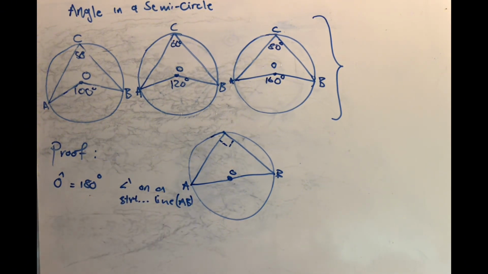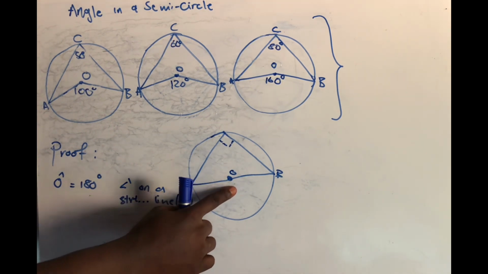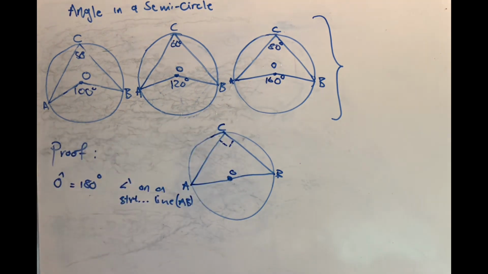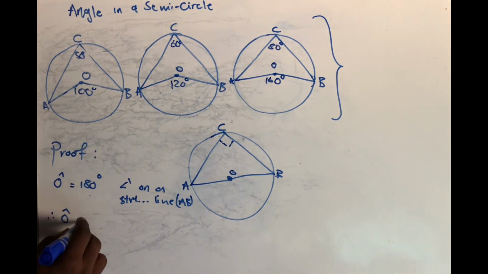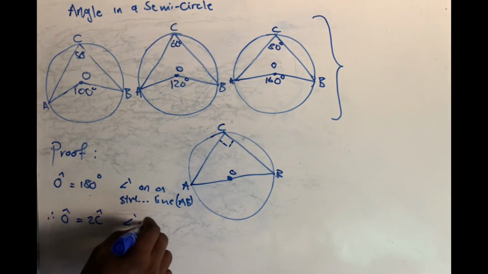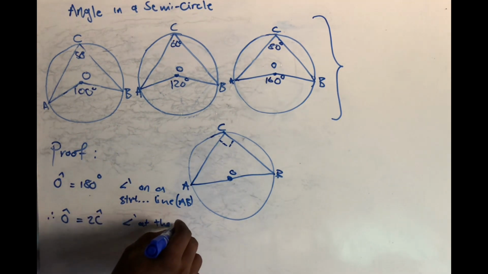But we know that angle O is the angle at the center. It's going to be 2 times the angle at the circumference, which is our angle C. Therefore, angle O is equal to 2 times angle C, angle at the center is 2 times angle at the circumference.